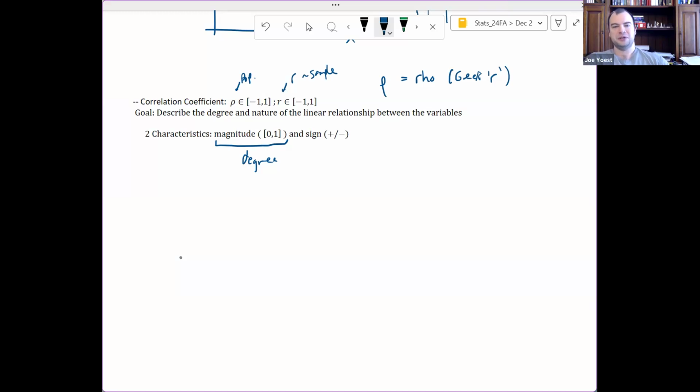That's the magnitude. So 1 is a high magnitude of linear relationship between the variables, 0, very low magnitude. And sign, positive or negative, tells me the nature, tells me how the two variables are related.